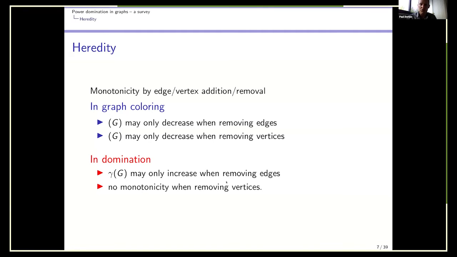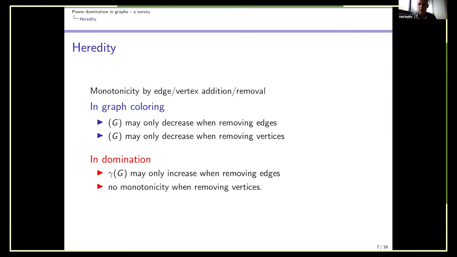But domination is a harder problem because, okay, when you remove edges in a graph, the dominating set can only increase, because the closed neighborhood of a vertex is always at least as large. And so you dominate more vertices with the same set of vertices.